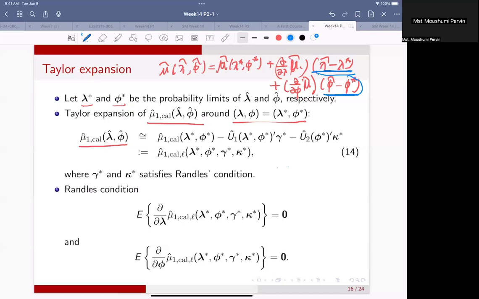Because, let me see, it's 0. And then we take a Taylor expansion. Something like that.